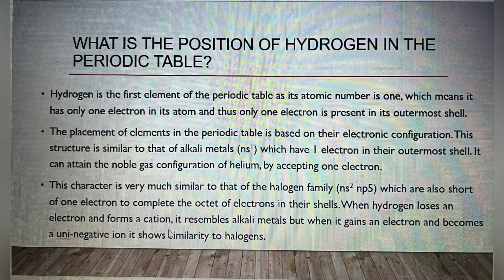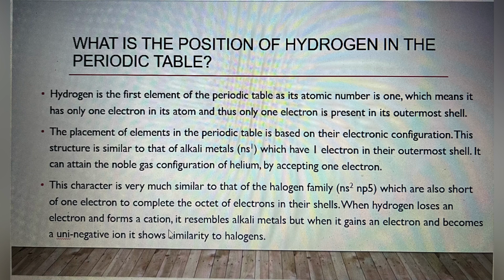What is the position of hydrogen in the periodic table? We know that hydrogen is placed at the top of the periodic table, and it is the first element, having atomic number 1, which means that it has only one electron and one proton, with one electron present in the outermost shell.